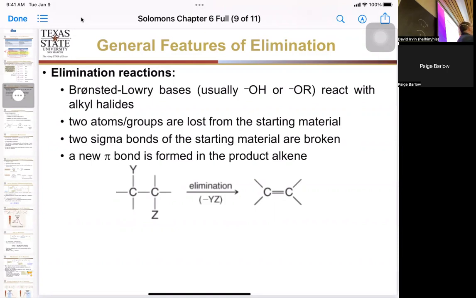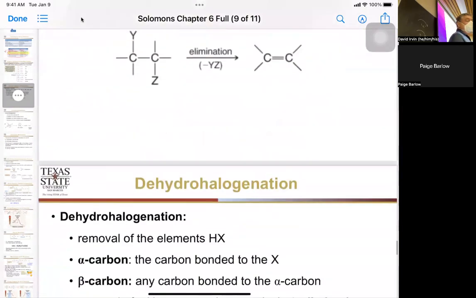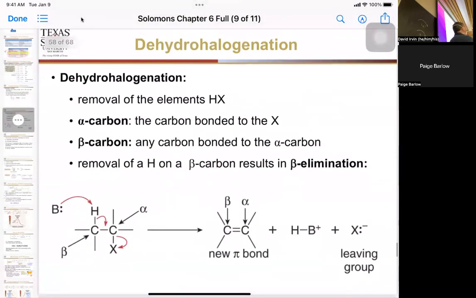What it does is it usually pulls off a proton on one side and a leaving group on the other. One other way to do that is to lose water. You pull a proton off one side and OH on the other side, and we will lose water. In the case of here, our alpha carbon is the one with the leaving group that's not hydrogen.